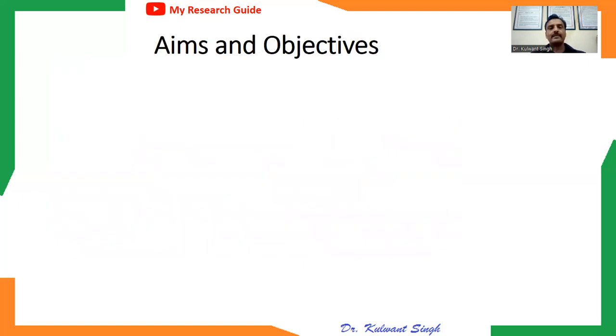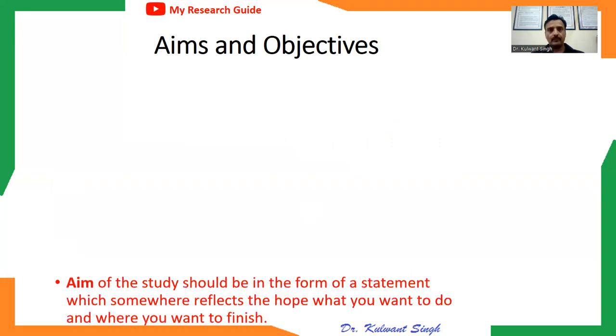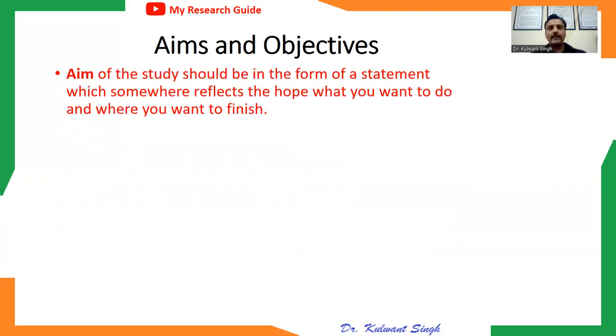Next part is the aims and objectives. So the aim of the study should be in the form of a statement. When you are writing your aim and objective, the aim should be in the form of a statement, which reflects the hope, what you want to do and where you want to finish.